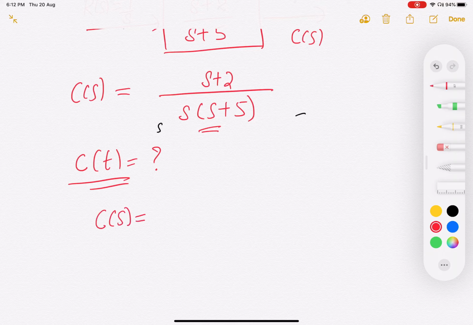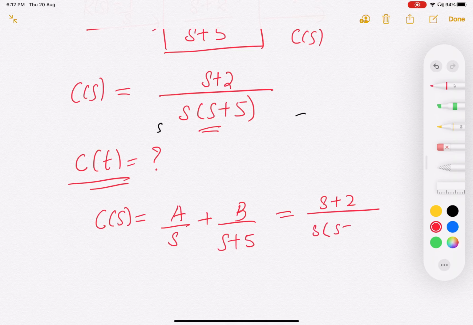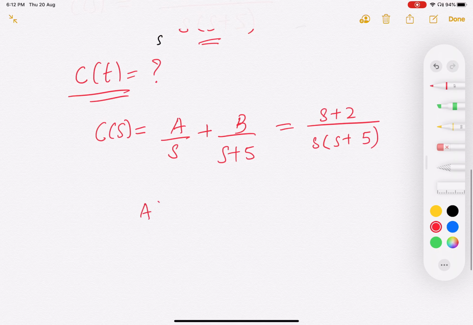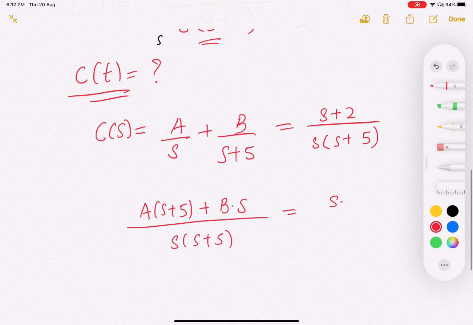So C(s) is written as A/s plus B/(s plus 5), where A and B are unknowns, and it is equated to the right hand side, which is (s plus 2) divided by s into (s plus 5), and then we can write this as A into (s plus 5) plus B into s, divided by s into (s plus 5), and you can equate these two sides, right?